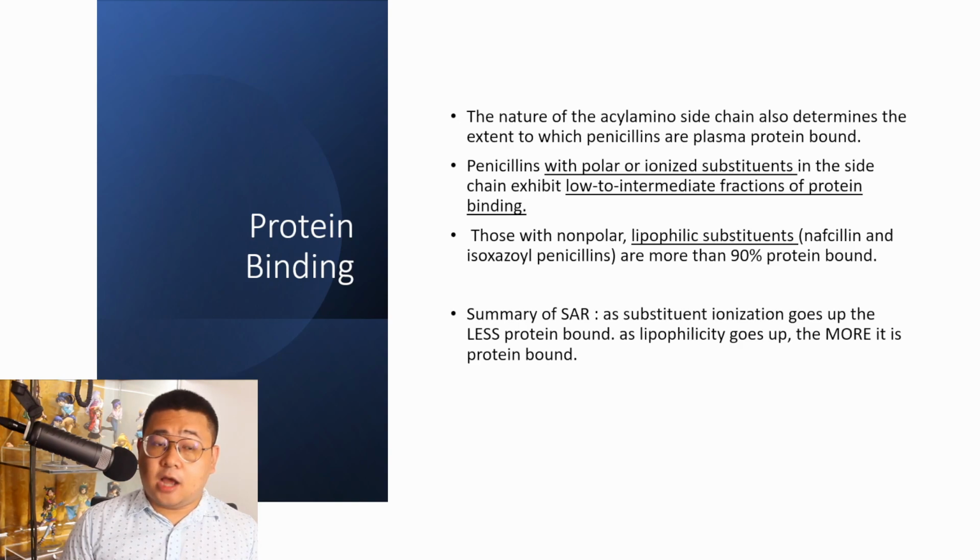Those with non-polar lipophilic substituents are more than 90% protein bound. So, summary: as substituent ionization goes up, it becomes less protein bound. As lipophilicity goes up, it becomes more protein bound. The more lipid soluble it is, the more protein bound it is. The more ionized it is, the less protein bound it is.